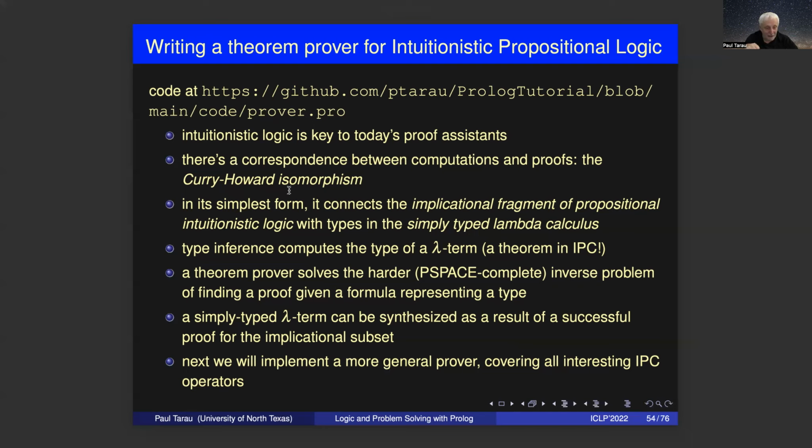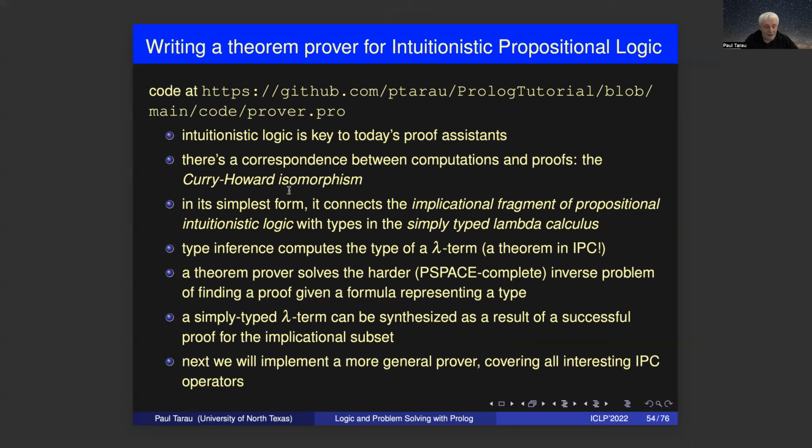So type inference now computes the type of a lambda term, which is a theorem in intuitionistic propositional logic. Now a theorem prover solves the harder, PSPACE-complete inverse problem of finding a proof given a formula representing a type.